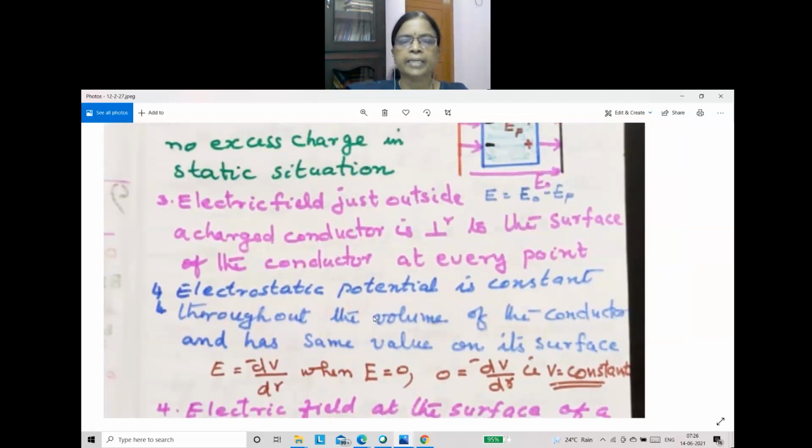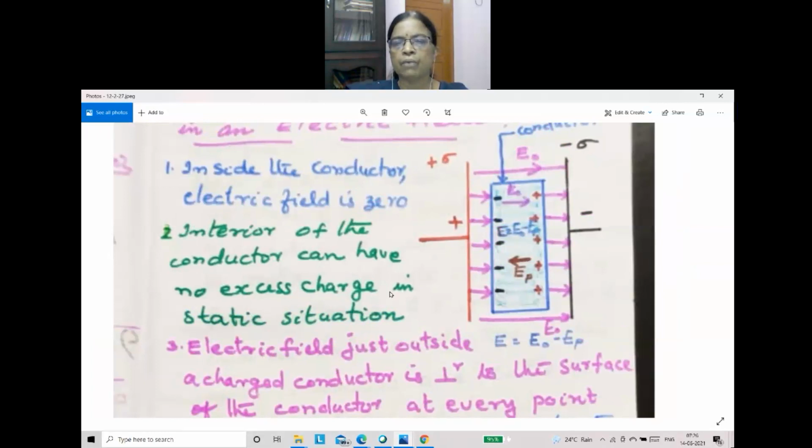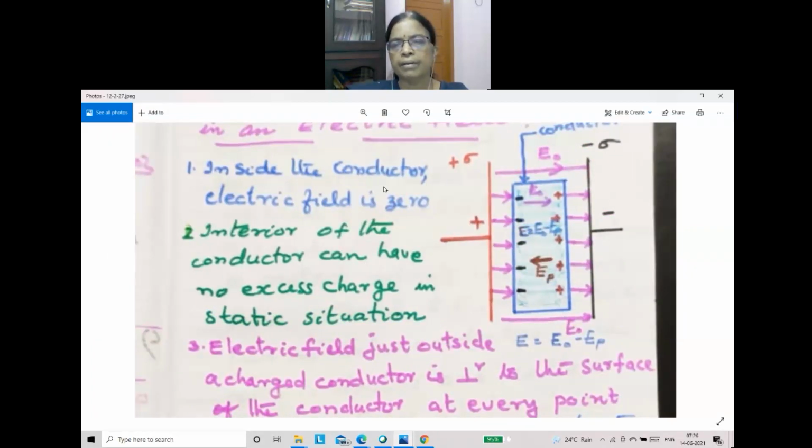So what all properties have we studied, children? Everybody should know. Inside the conductor, electric field is 0. Why is it 0, children? Externally there is an electric field, and in that electric field the conductor is kept. So the electrons move towards the positive plate and an equal number of positive charges appear on the other side.